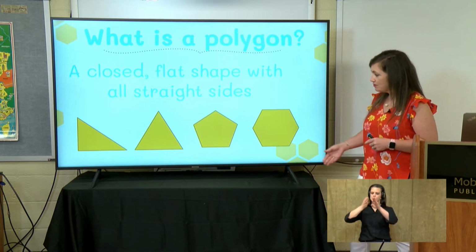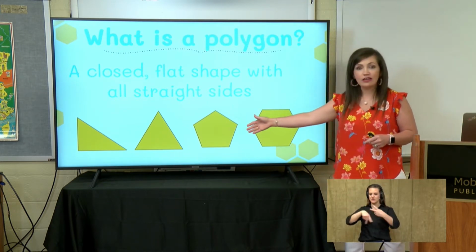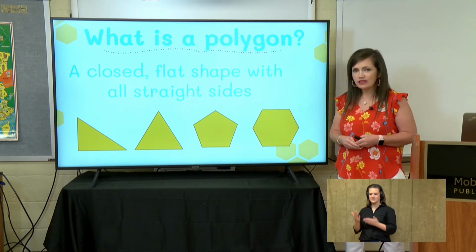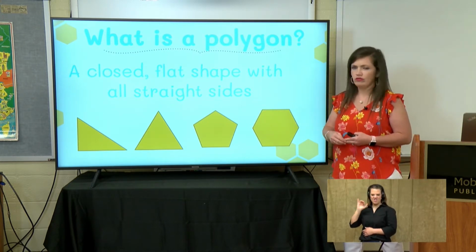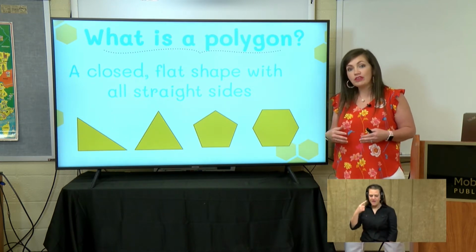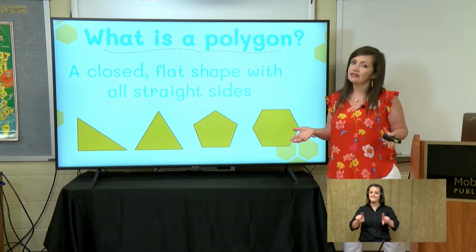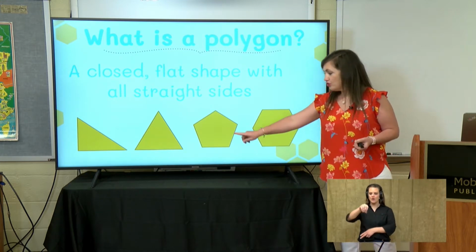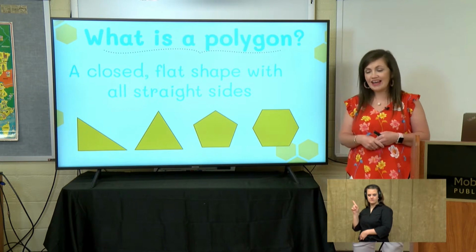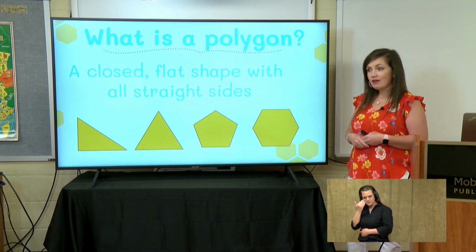So I've listed some different types of polygons here for you. And you may be thinking, well, Miss Winkley, I thought that was a triangle, those first two. Well, those are triangles, but they're also classified as polygons. Do you know another way to classify this figure? A pentagon.